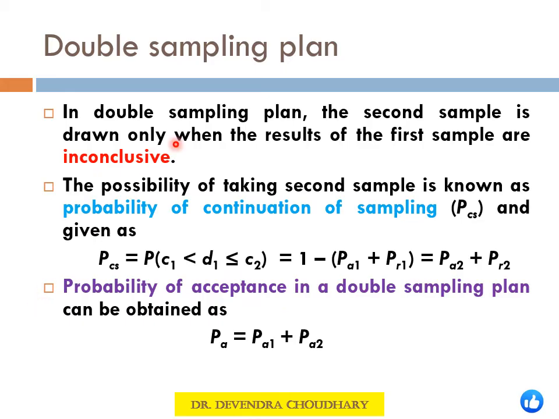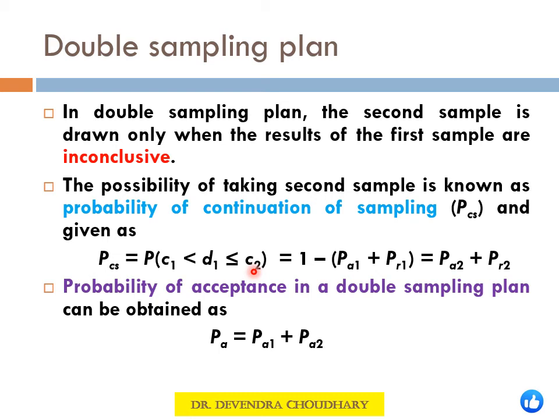In double sampling plan, the necessity of taking a second sample arises when we are inconclusive after the first sample. That is, the number of defectives found in the first sample is greater than the first acceptance number C1 but less than or equal to the second acceptance number C2.